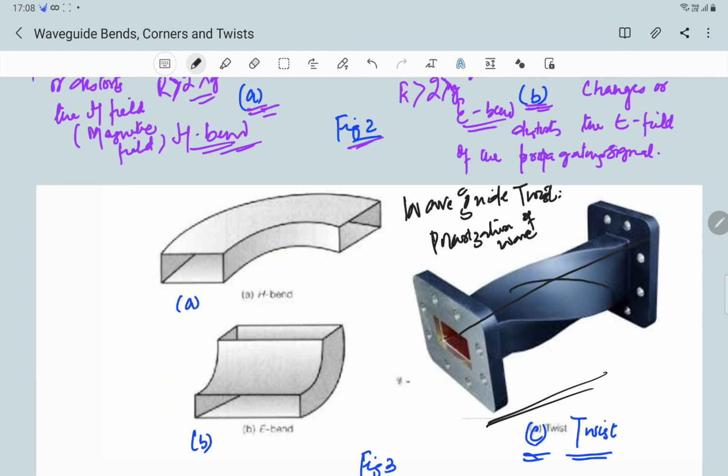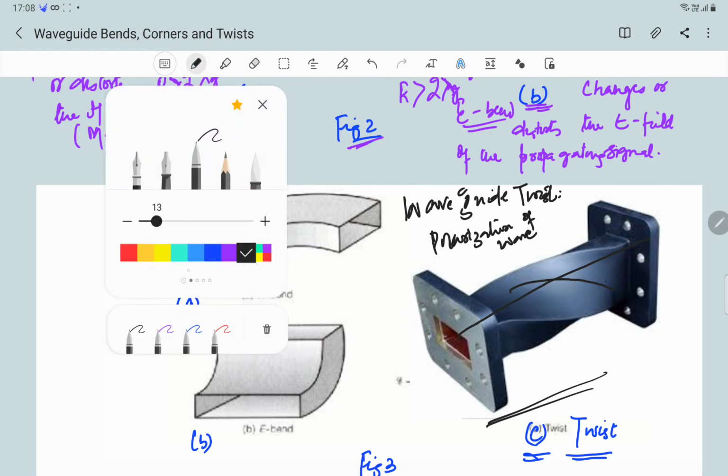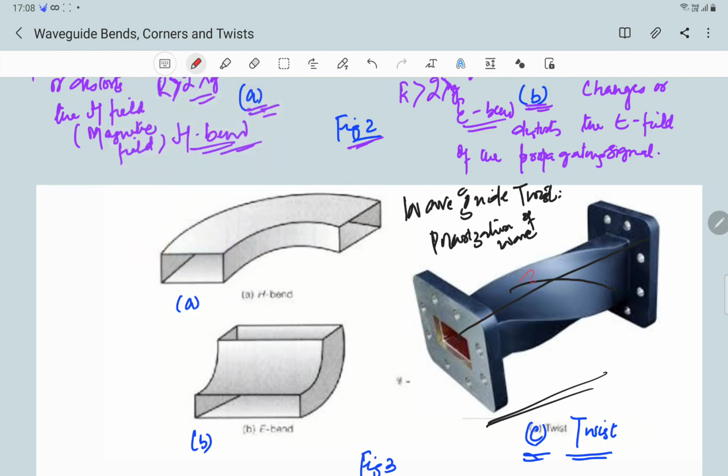We are just rotating it along this axis. This is the axis of the waveguide, and there's a progressive rotation along the length. We change the polarization of the wave. All I mean is that if the electric field here is like this, the electric field here would be like this.